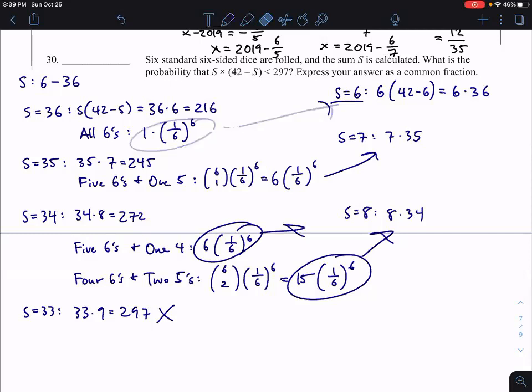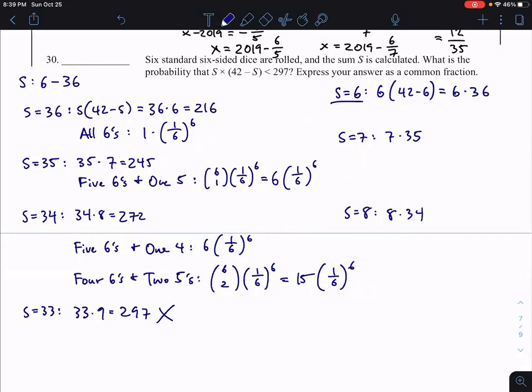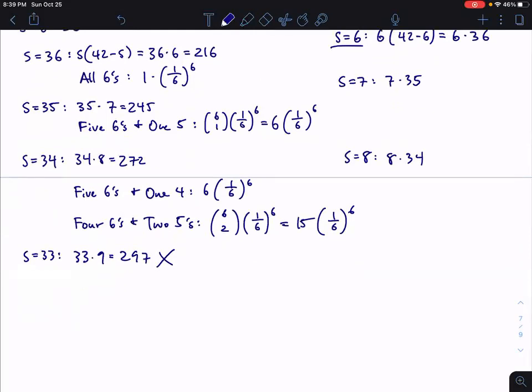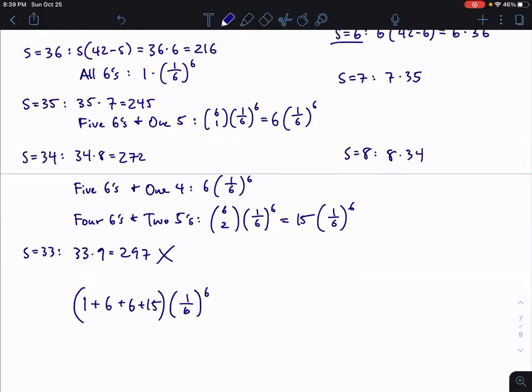So basically, we just take all of these probabilities, multiply by 1/6 to the power of 6, since they all have that. And then you have to multiply all this by 2.